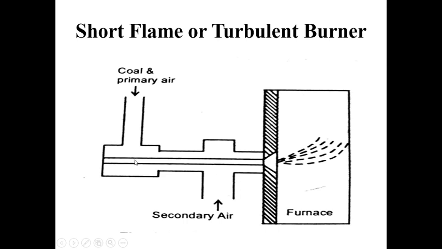Here the coal and primary air come through this tube, and then there will be secondary air from both sides. That will try to compress, or reduce the size of the flame, but it will increase the turbulence as it is supplied from both sides, surrounding the nozzle.